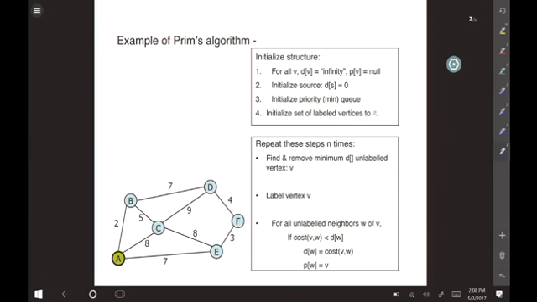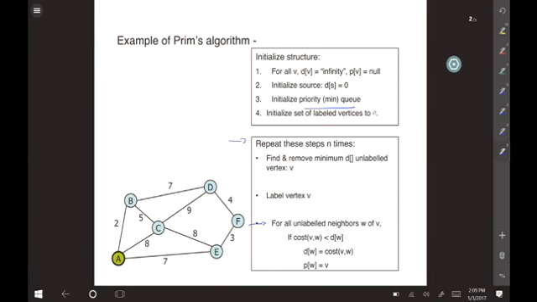In particular, I want you to observe the cost of the priority queue and the cost of the two iterations here. So there are priority queue operations and there are these iterative operations.